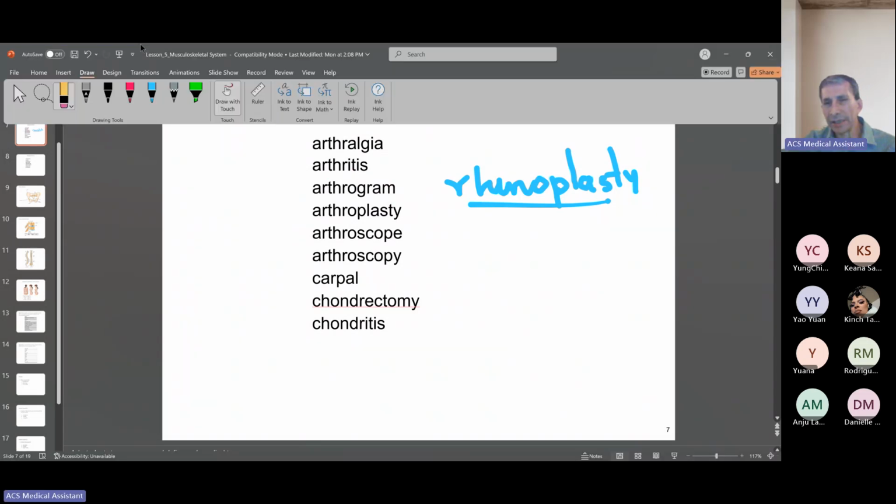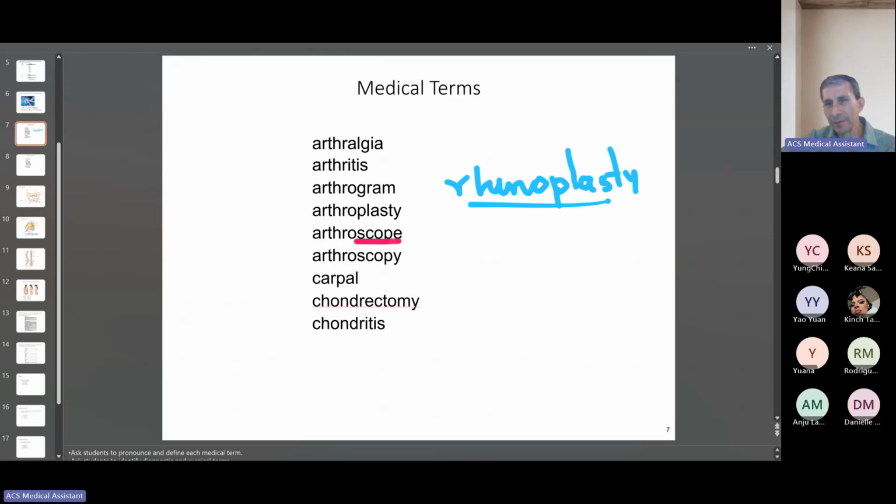We're going to use here again the instrument, scope, suffix, o, combining vowel, arthr is the word root. Scope is the instrument. This is the instrument that we're going to use to visualize inside the joint. Here we have arthroscopy.